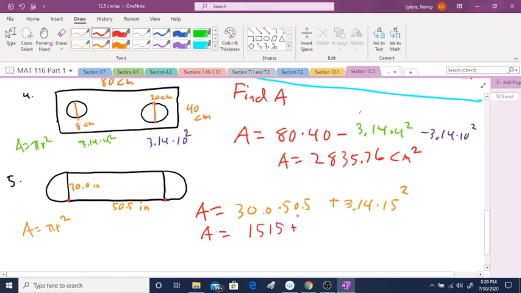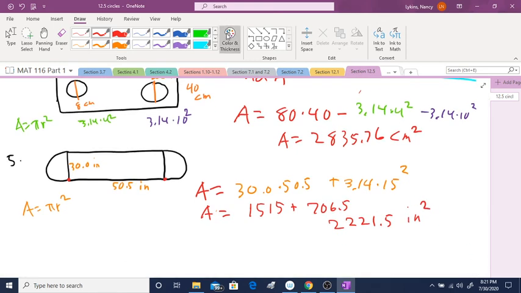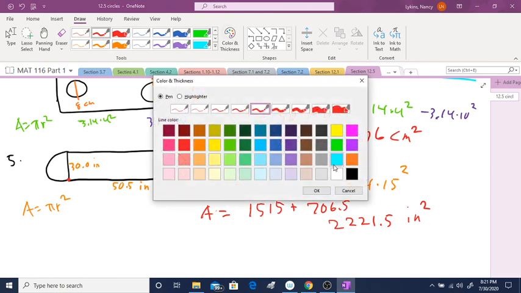But then I want to take 3.14 times 15 squared, get 706.5. I'm going to add those together, which is inches squared.